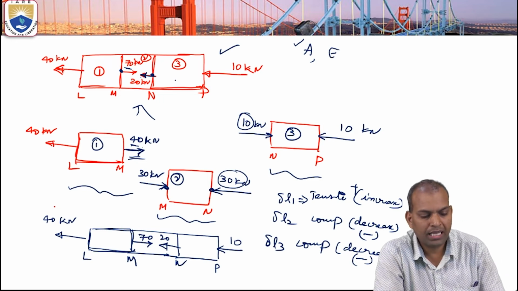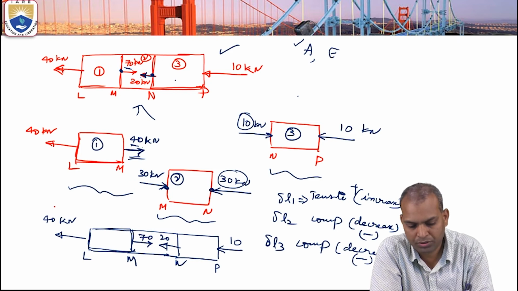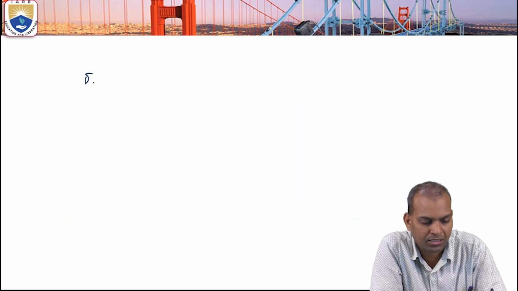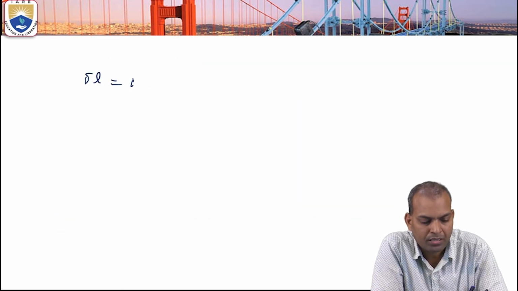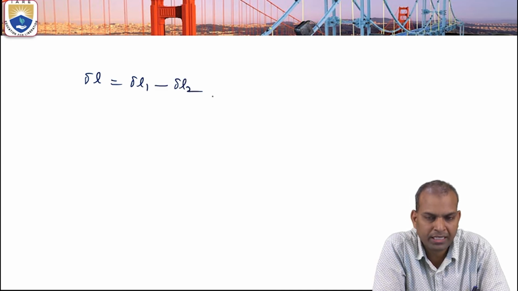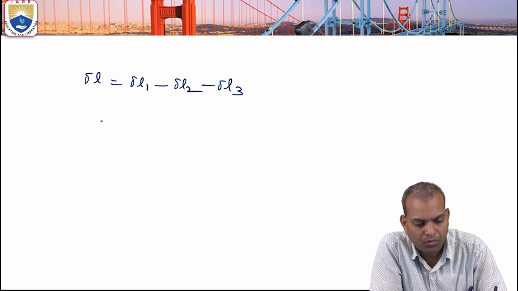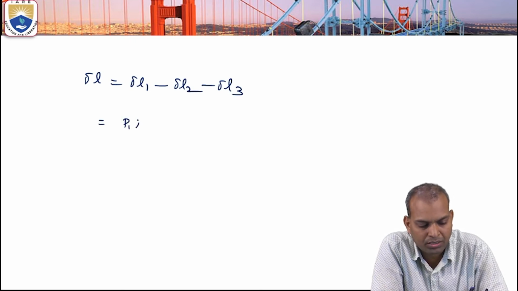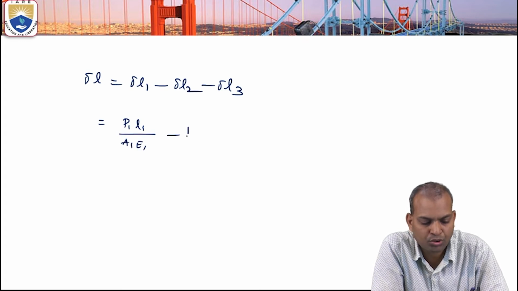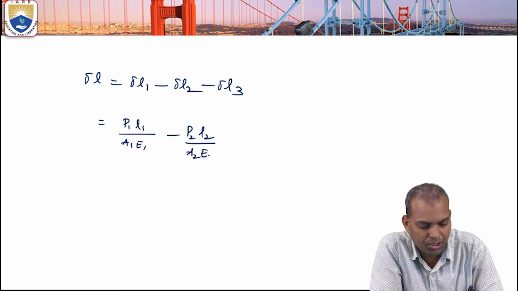So what is the total elongation? The total elongation delta L equals delta L1 positive, delta L2 negative and delta L3 negative. What is delta L1? P1 L1 by A1 E1. Delta L2 is P2 L2 by A2 E2.